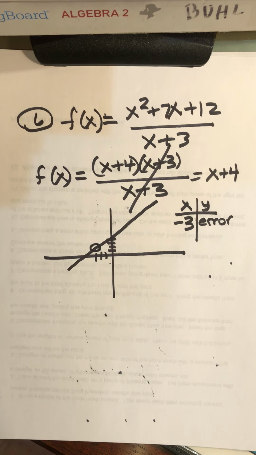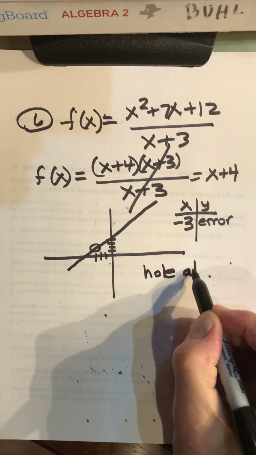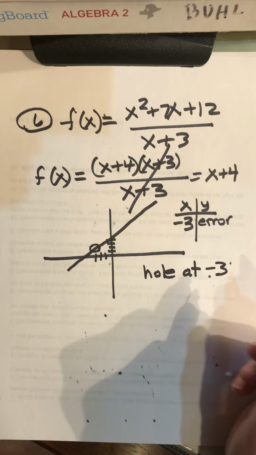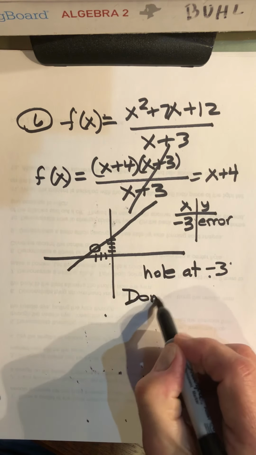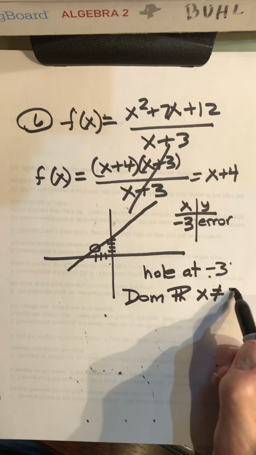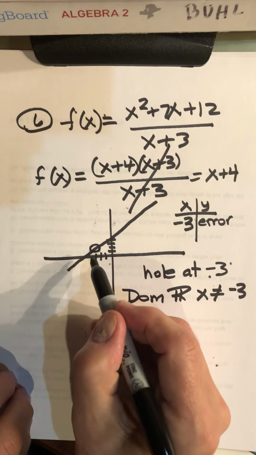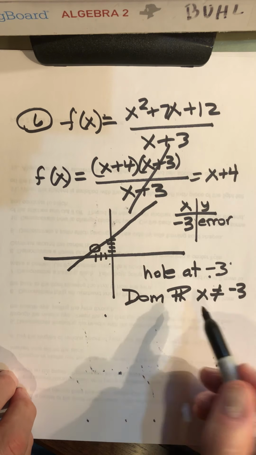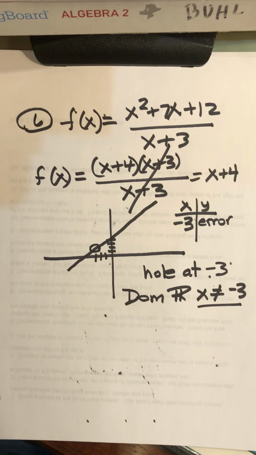It's undefined. It's division by 0. Now, that hole is what they call that, a hole at -3. And that is a restriction on the domain. If I had the domain here, it would be all real numbers except it cannot be -3. Okay? So it is a straight line, but it has a hole, and it's a restriction on the domain, and it's that x cannot be -3. Otherwise, it's all real numbers.